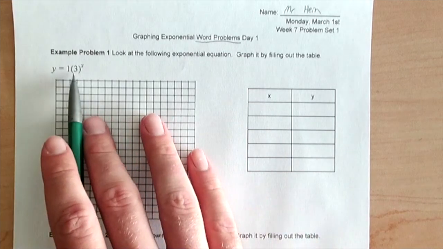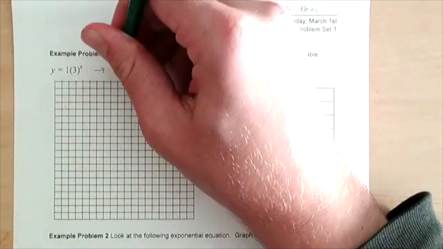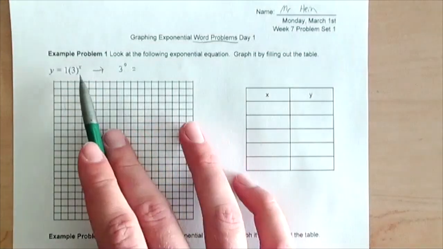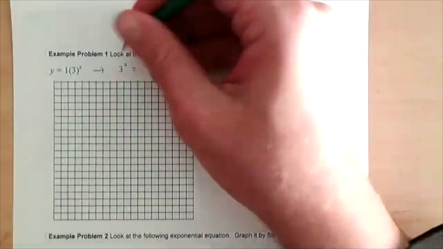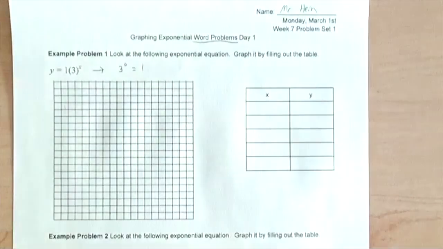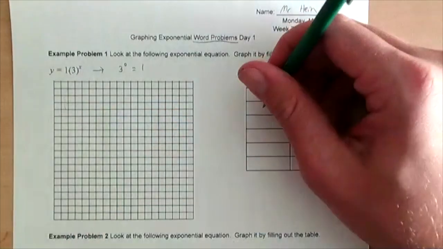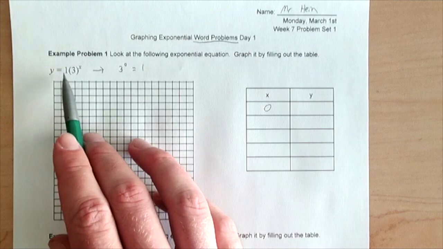Knowing what x values to put in is usually a good place to start. And if this is my sequence, remember that if you take any number and raise it to the 0 power, so 3 to the 0 power would be 1, okay? So that means that this, when x equals 0, is always going to be 1 times whatever this number is.